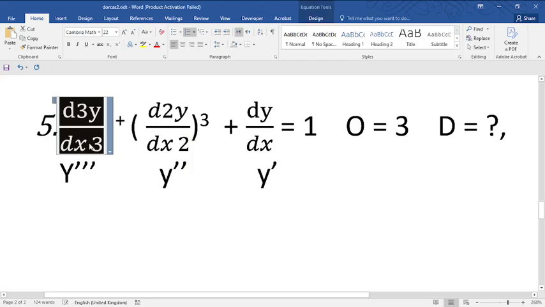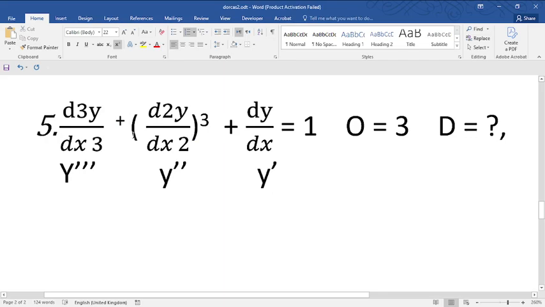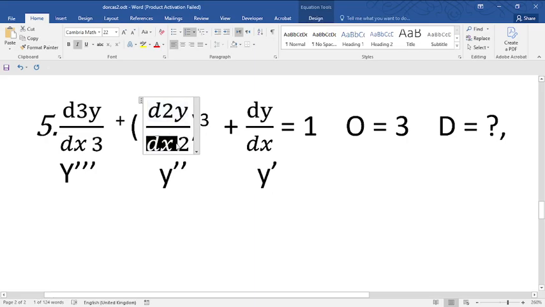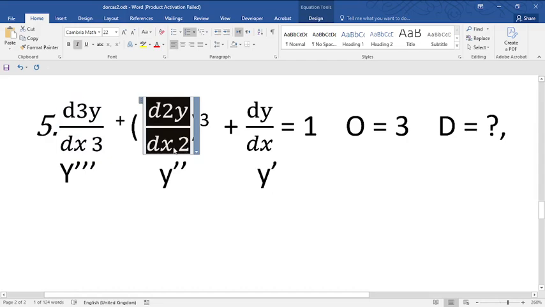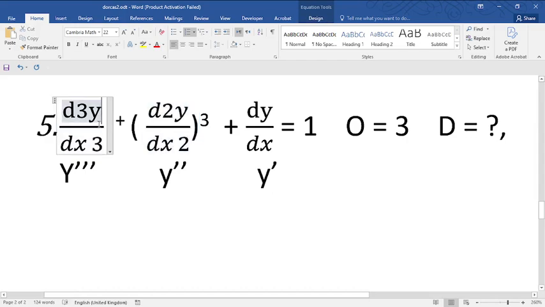It is raised to power what? Definitely it is raised to power 1, because anything raised to power 1 is still itself. Don't make the mistake of taking this other one instead, because this, the square y all over the x square, is not the highest differential coefficient. So this is where you are going to get your degree, not in this one. So the power that we are having here is 1.